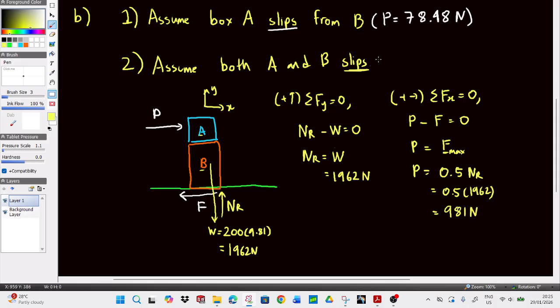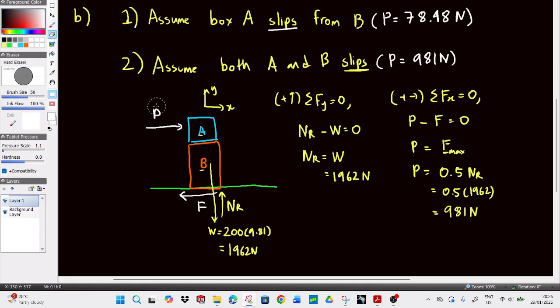Therefore, for the second assumption, if both A and B were to slip, your force would be 981 newtons. You need about 981 newtons. Anything past that force, then both of the boxes will start to move. Okay? So that's the assumption.